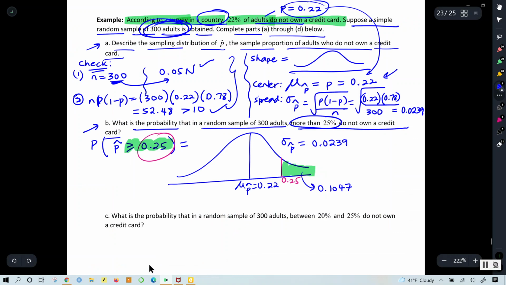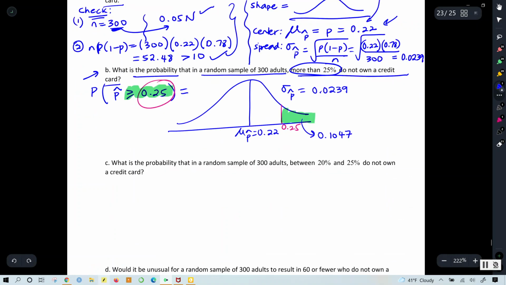0.1047. Then for the next part of the question, what is the probability, capital P, that in a random sample of 300 adults, between 20% and 25% of the sample proportion do not own a credit card?